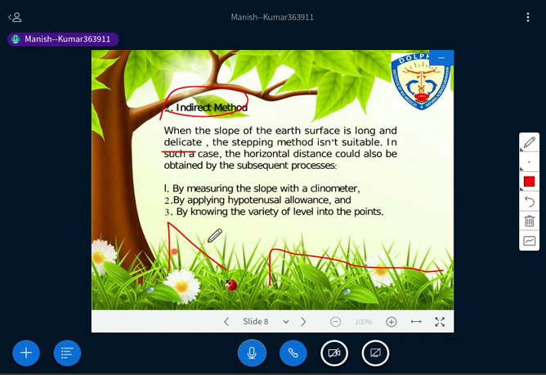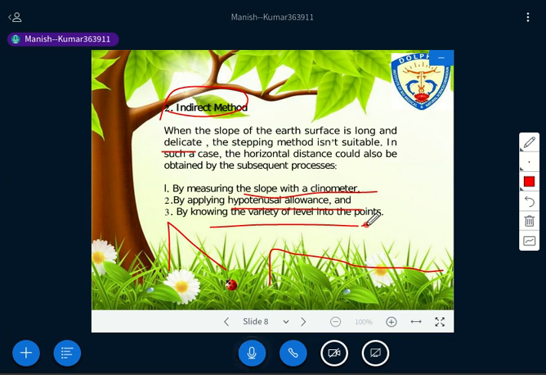So there are three methods applicable here, right? By measuring the slope with the clinometer, by applying hypotenusal allowance, and by knowing the difference of level between the points. So three methods can be applicable here, and obviously I am going to explain all these three methods. Clear?